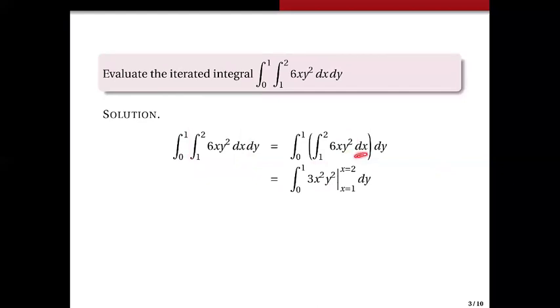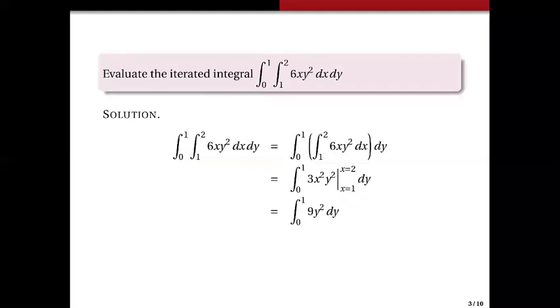Since we are integrating with respect to x, we emphasize that we are substituting x equals 1 and then x equals 2, or evaluating from x equals 1 to x equals 2. After evaluating, we end up with 9y squared.